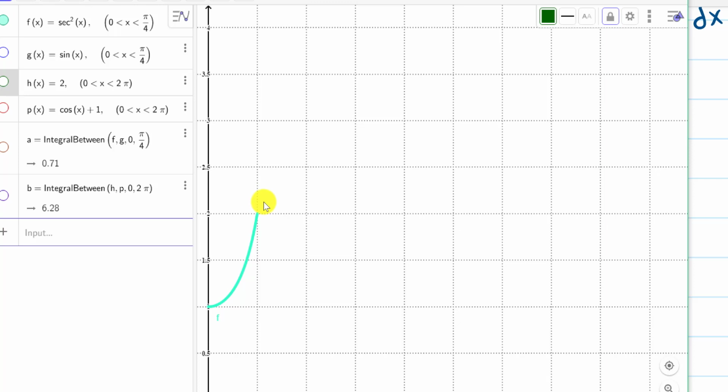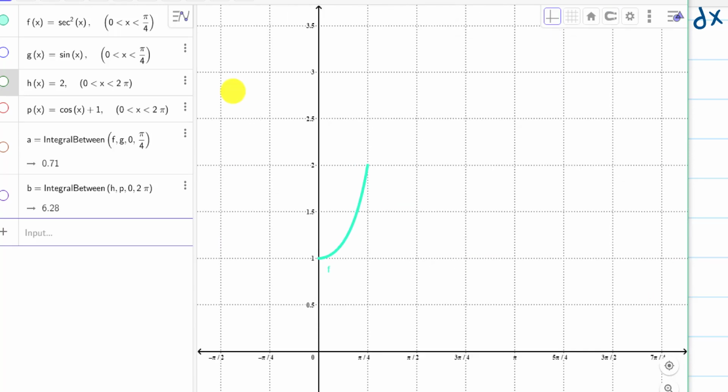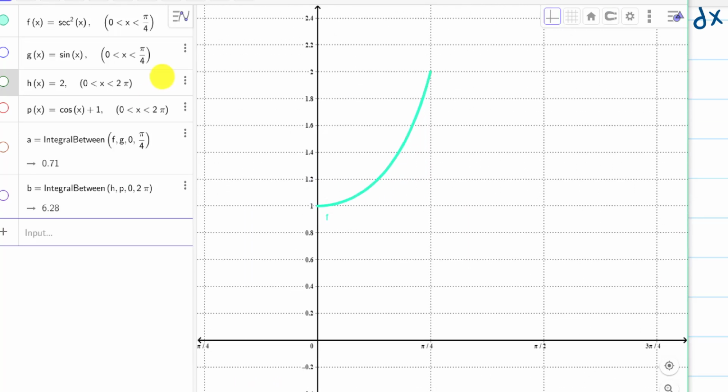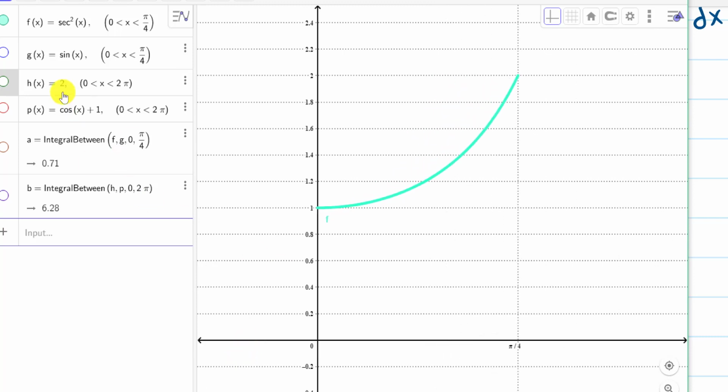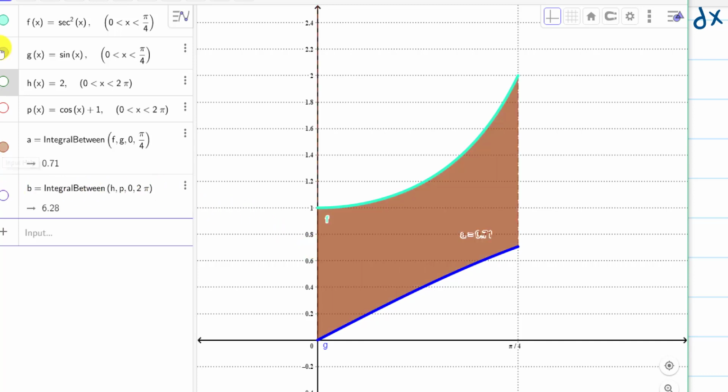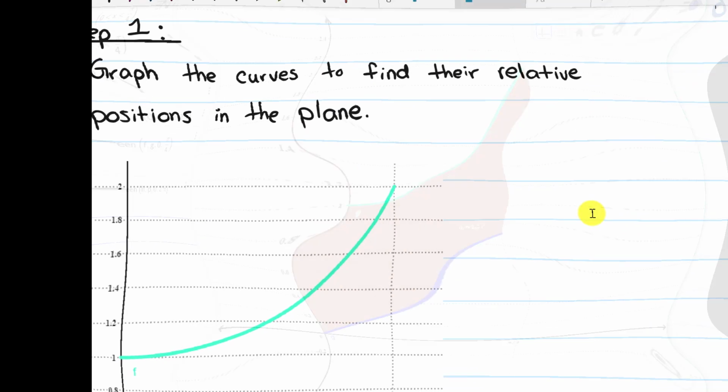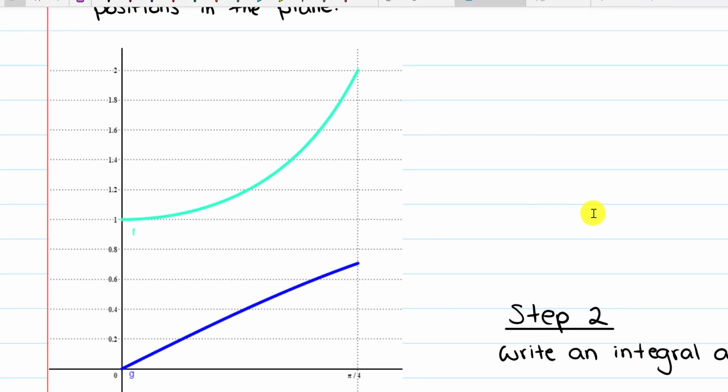So if we graph these, we get secant squared is right here. And if we graph sine of x, we get this. So we have that secant squared is going to be our top function, and sine is going to be our bottom function. And now what we want to find is this area. We want to find the integral between them, so we want to find the area between these two functions. So having graphed those, I find it very helpful to graph them on your own paper, identify which one's which.